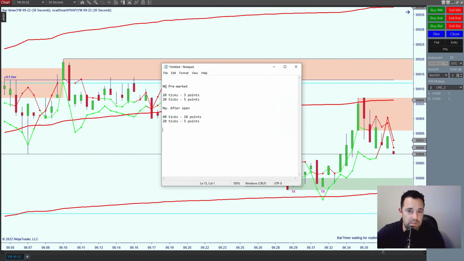And for that reason, if I do trade during the open, I go to YM because right now NQ is a bit crazy. As you can see, if I stick to 20 ticks or 5 points, a hard stop on NQ right now after the open could get hit pretty easily. And they'll still win. The problem is you have to have a bigger stop loss sometimes.